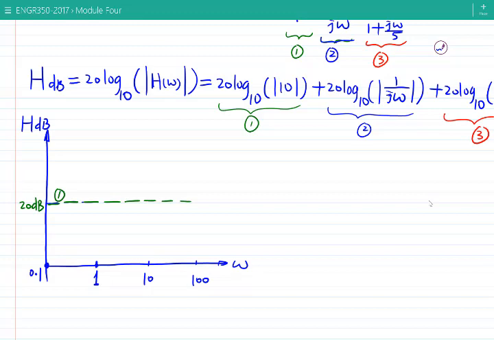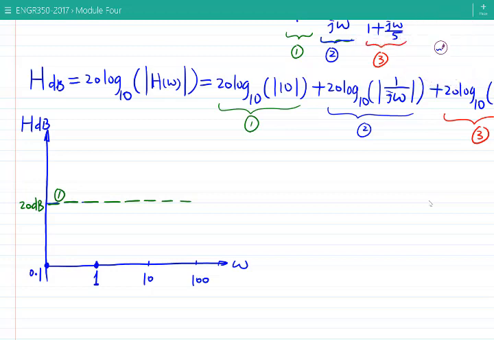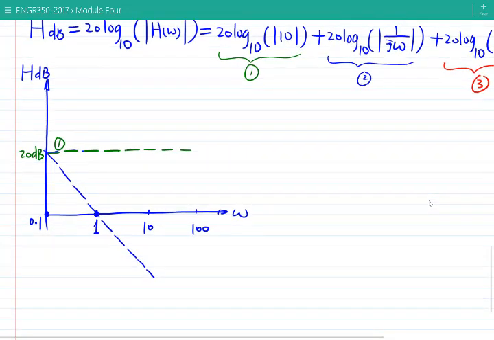It crosses the frequency axis when frequency is equal to 1. Okay, let me plot it. So this is factor number 2.